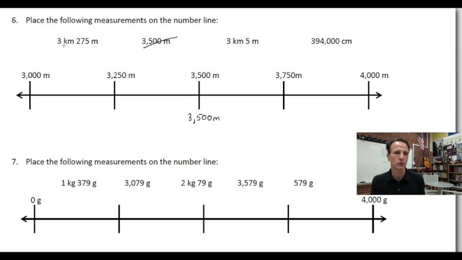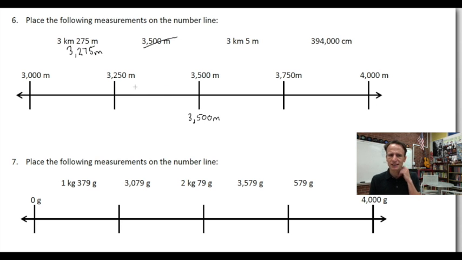So let's start with this one. 3 kilometers, 275 meters. Well, we want to put this all into meters. 3 kilometers is how many meters? 1 kilometer is 1,000 meters. 2 kilometers is 2,000 meters. 3 kilometers is 3,000 meters. And don't forget, we have 275 meters besides. So, where would that fall here? 3,000, 3,250, 3,500.